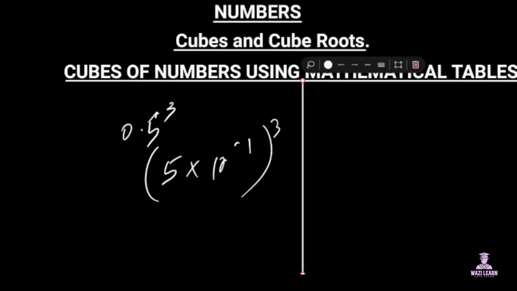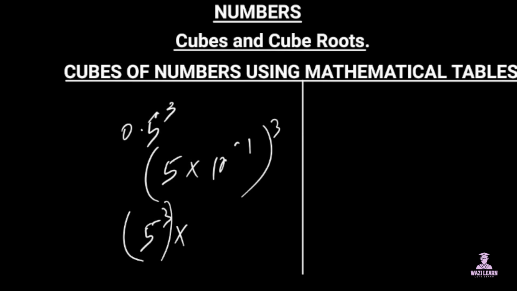So this is the same as saying 5 cubed times 10 raised to negative 3. When you multiply negative 1 times 3, you get negative 3.